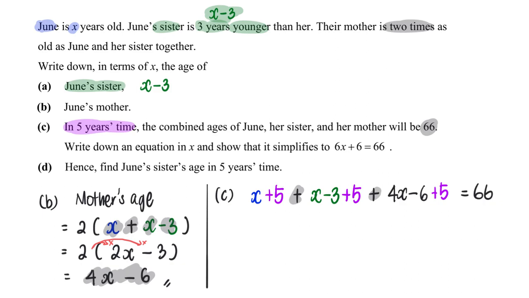So now I need to simplify so that it will give me 6x plus 6 equals 66. Let's see if it works. X plus x is 2x plus 4x is 6x. 5 minus 3 is 2. 2 plus 5 is 7. 7 minus 6 is 1. 1 plus 5 is positive 6.